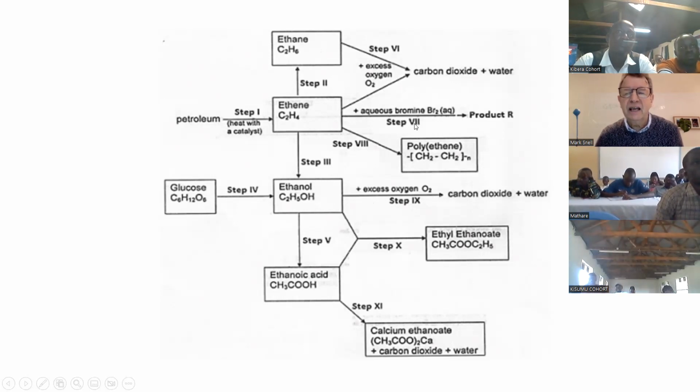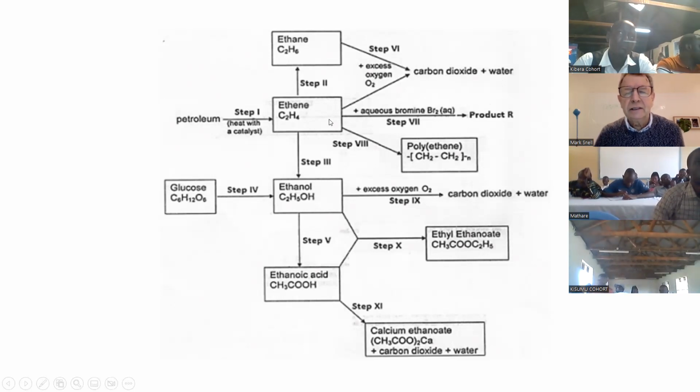Step 7, aqueous bromine with ethene will produce product R, which is 2-bromoethanol. If you write 1,2-dibromoethane, you are also correct. Both of them are produced, but the more prevalent product is 2-bromoethanol.